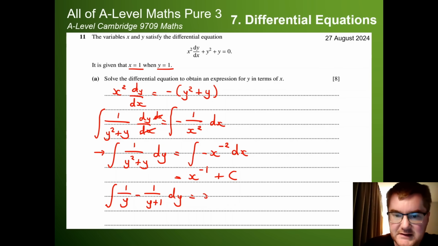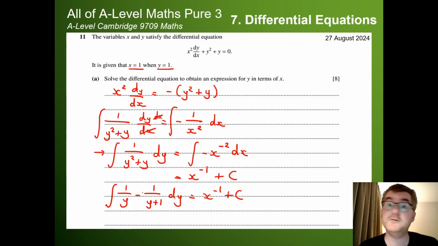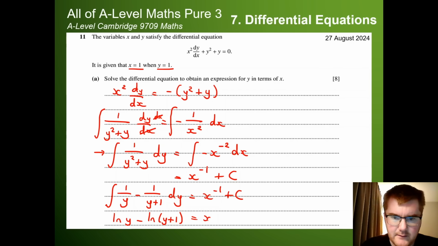We've already integrated the other side. And here we can integrate really easily because 1 over y is just the natural log of y. And here we've got the natural log of y plus 1. And the constant of integration will compensate for both sides of this. So we've broken it down to something that actually integrates quite easily.